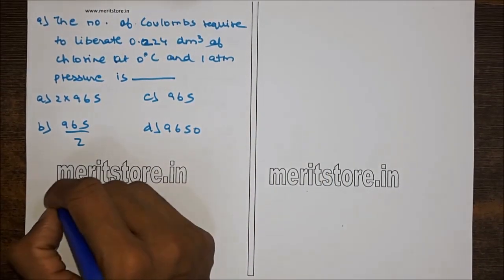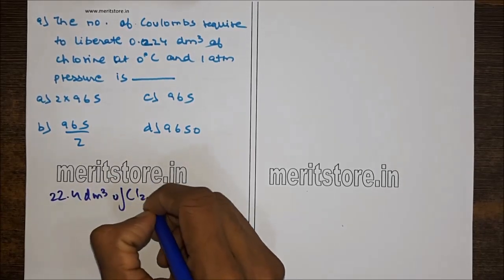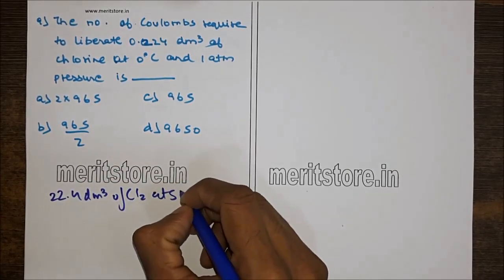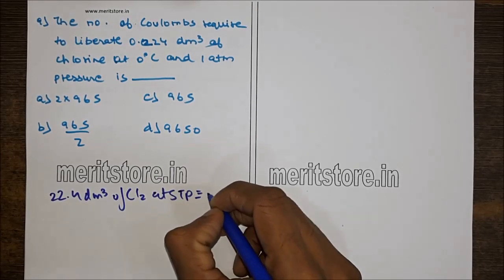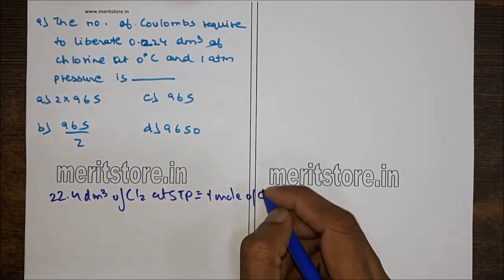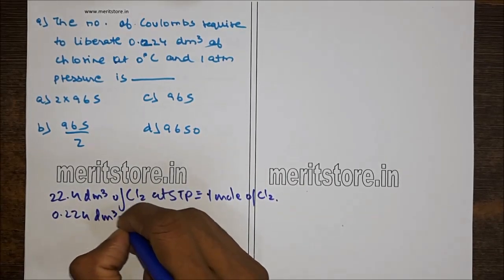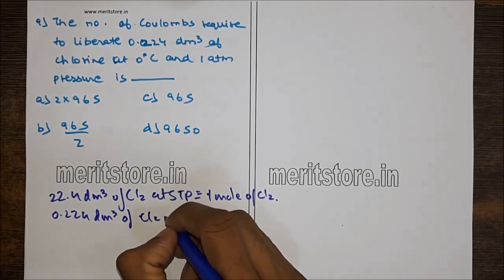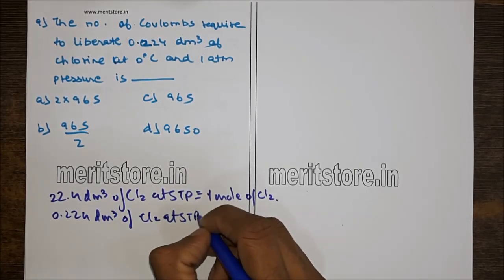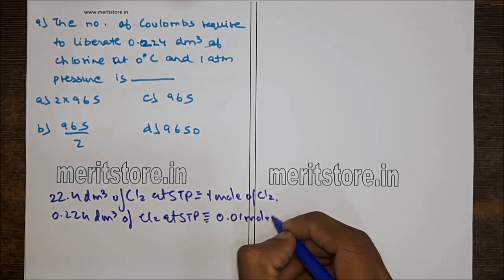So 22.4 liters of chlorine at STP is equivalent to 1 mole of chlorine. So 0.224 liter of chlorine at STP is equivalent to 0.01 mole of chlorine.